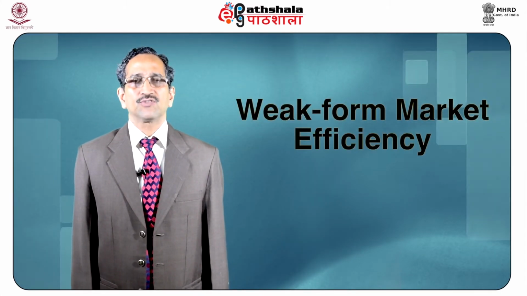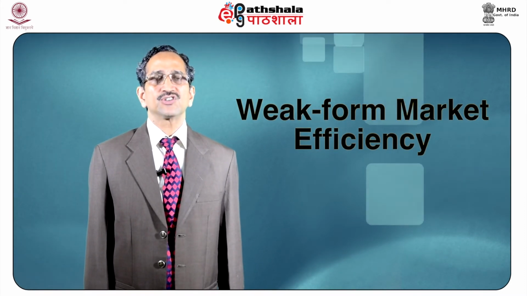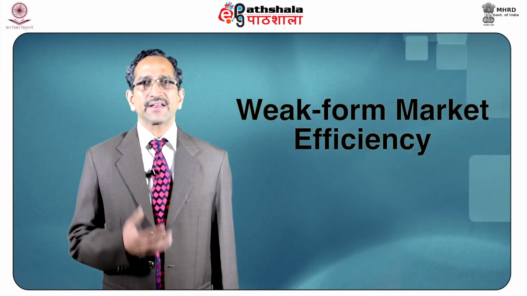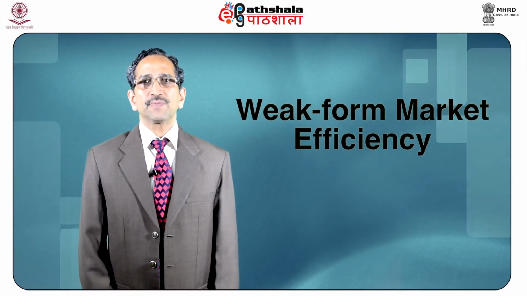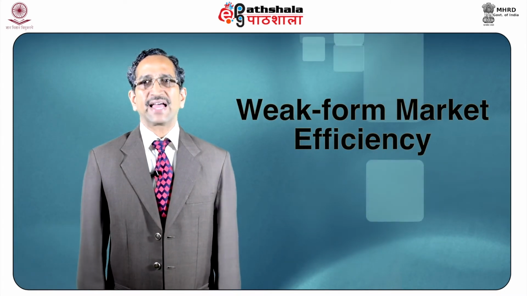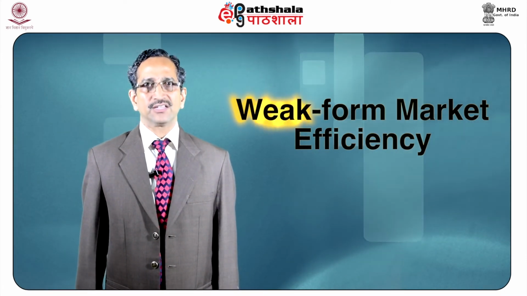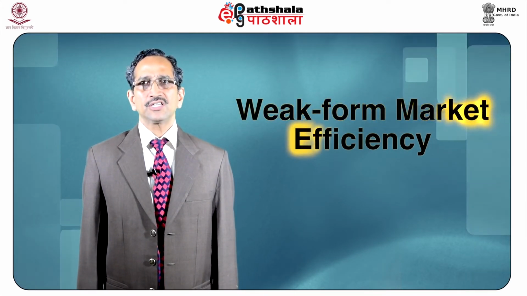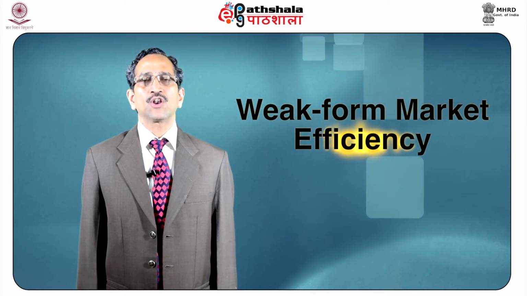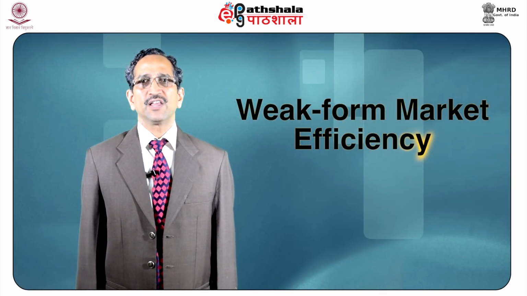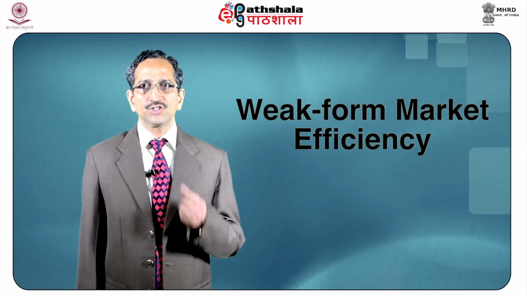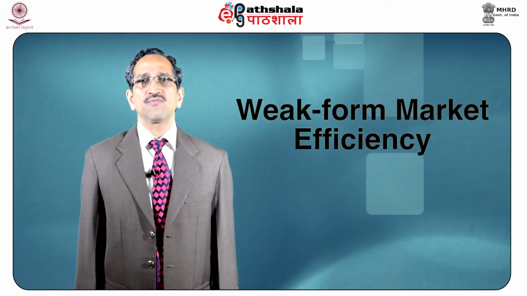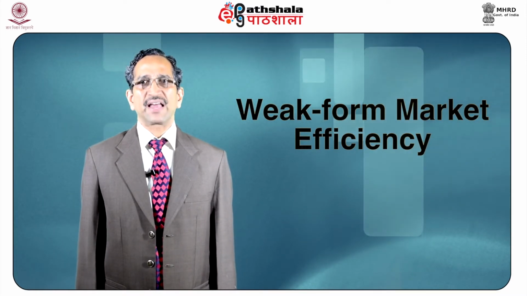Let's look at, first of all, the weak form of market efficiency in section 5.1.1. According to weak form market efficiency, the best predictor of next period's asset price is this period's price, which is the price of the asset in the current period. Hence, historical data on asset prices cannot improve on this prediction. However, there exists evidence of minor departures from the weak form of market efficiency in the stock market.